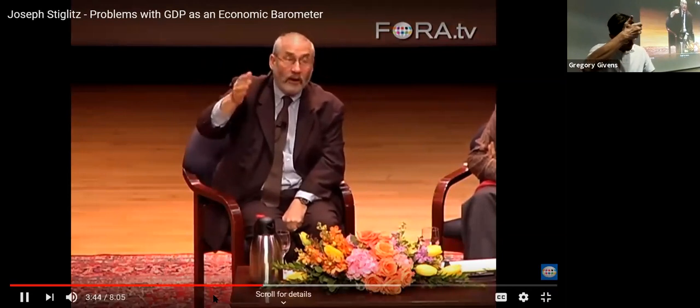So in the first context, there are ways that you can take out for depletion of natural resources and degradation of the environment. If you do that, China's growth gets significantly lowered. It's still doing well, but it is much lower than it otherwise would have been.